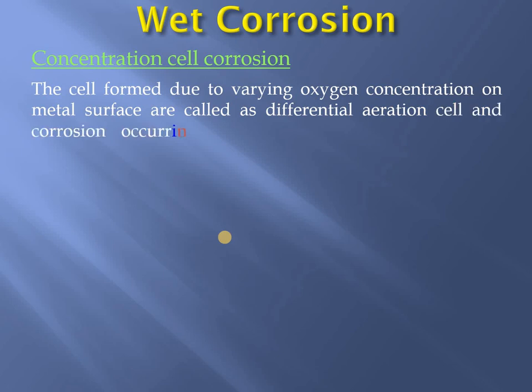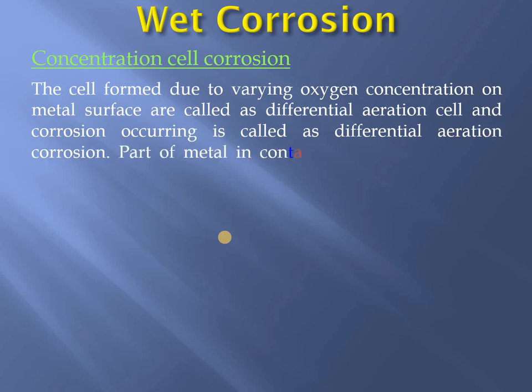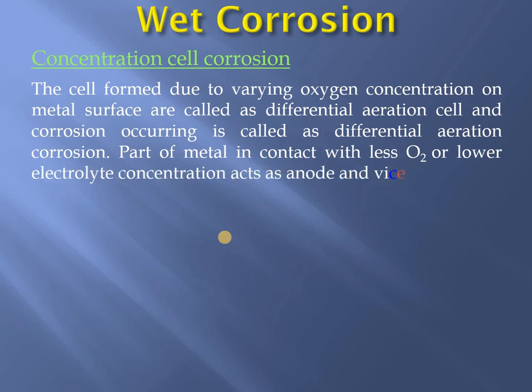on the metal surface, called a differential aeration cell, and corrosion occurring due to the formation of a differential aeration cell is called differential aeration corrosion.